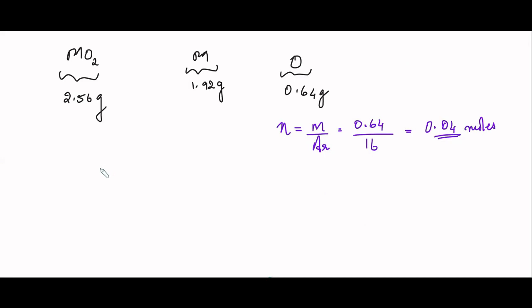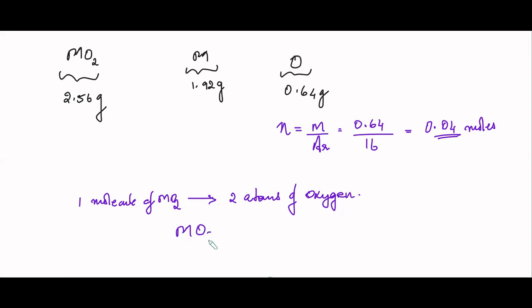Now let's connect it with the metal oxide. One molecule of metal oxide is having two atoms of oxygen. Or I can write the ratio between MO2 and the oxygen in it.